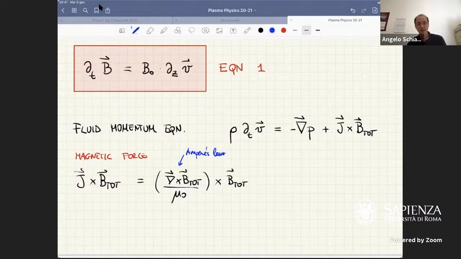And you might have asked yourself, okay, that's Ampere's law, but where's the Maxwell Ampere's law? So where's the displacement current that's gone? Okay, the displacement current is linked to the electric field, to the time derivative of the electric field. And that is a term that arises only for very fast phenomena, when the phenomenon under consideration is evolving on a time scale which is comparable to what?